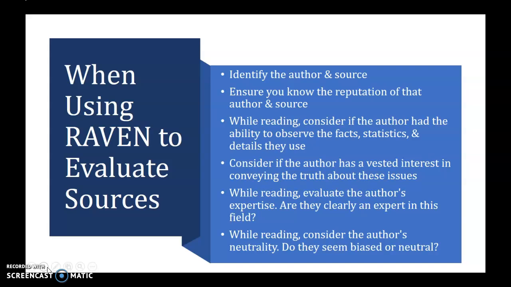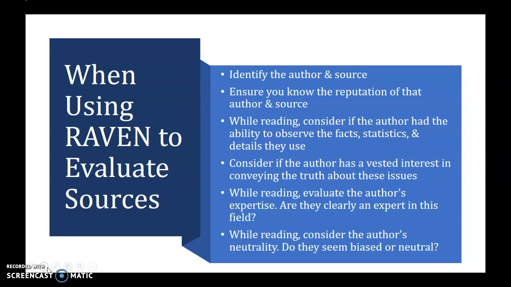Then, while you read the piece, really think about, did this author have the ability to observe these facts and these statistics and these details? Did the author create this data, or are they using someone else's data? Think about if the author has a vested interest in conveying the truth, and then consider their expertise.